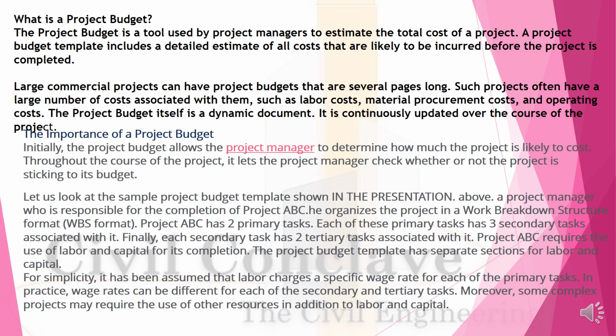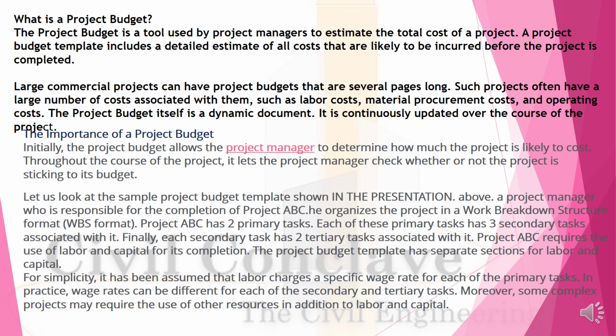What is meant by a project budget? The project budget is a tool used by the project manager to estimate the total cost of a project. A project budget includes a detailed estimate of all costs that are likely to be incurred before the project is completed.